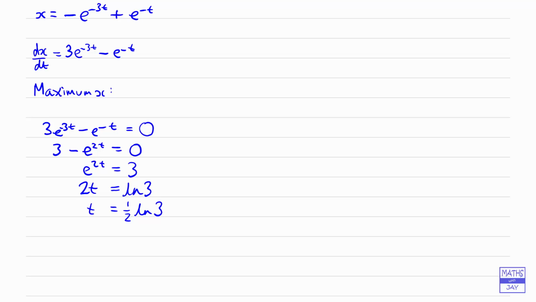So now we found the value of t that makes x a maximum, so now all we need to do is substitute that into our equation for x, and then that will give us what x is as a number. And we already know what we're expecting that to be because it's given in the question. So let's just give ourselves a bit more space, put this over to one side.